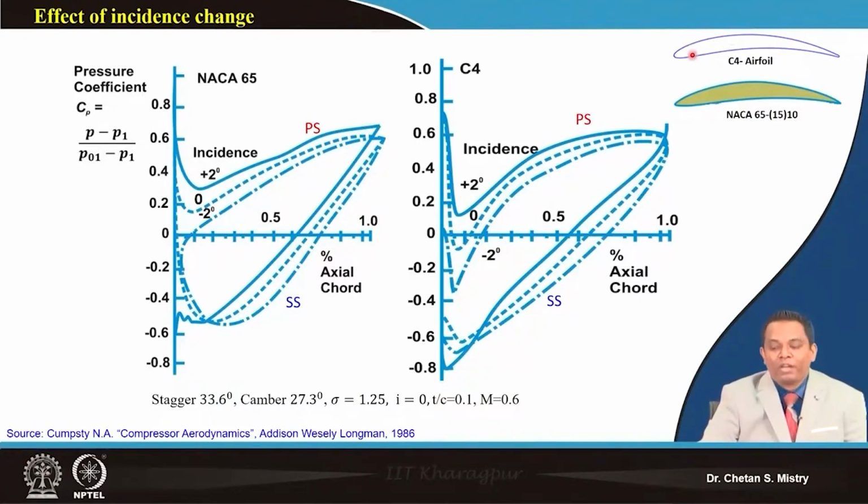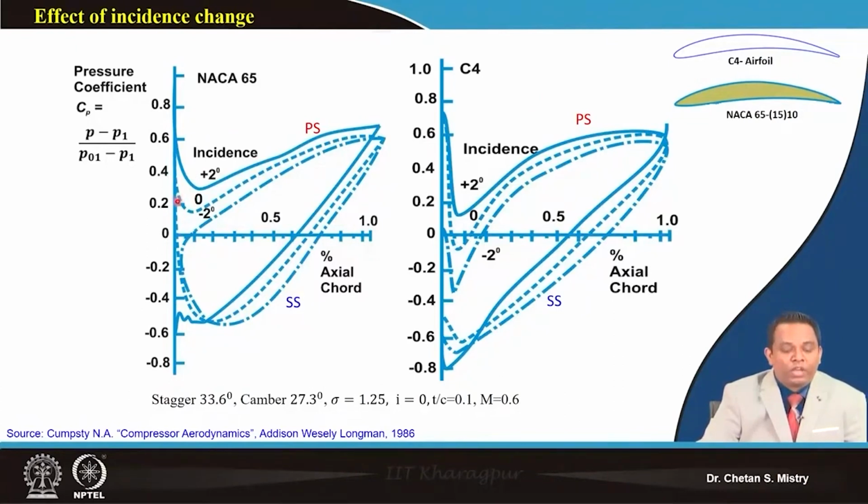If you compare the leading edge, for the C4 aerofoil the leading edge has a larger radius, and for NACA 65 the radius of the leading edge is smaller. This change in the shape of the leading edge has a great impact on my CP distribution. So let's consider the NACA 65 aerofoil first.